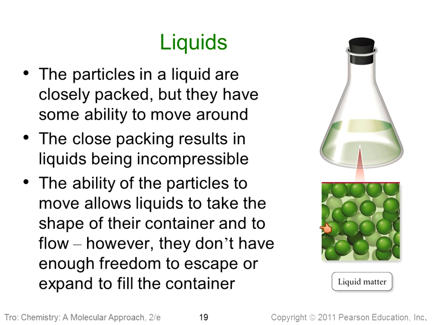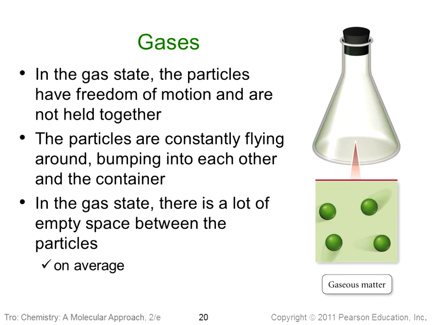Liquids, a little bit different. So here the atoms are a little bit more separated. In gases, they are much more separated, and they are able to fly around like crazy, bump into each other in the container.